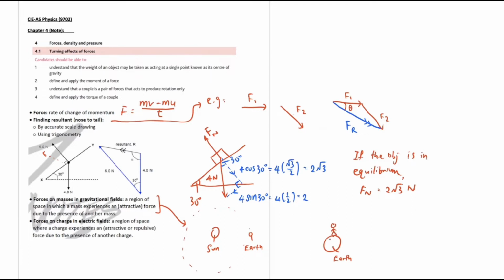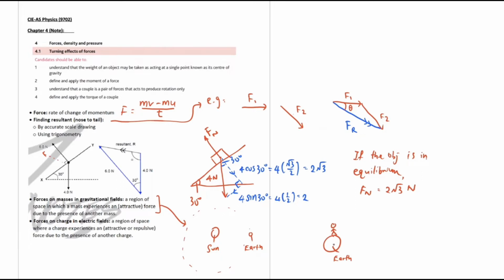There are also gravitational attractions between you and the earth. We have to say that the earth is attracting you, and at the same time you are attracting the earth, although you may feel weird to say that, because you are too small compared to the earth.